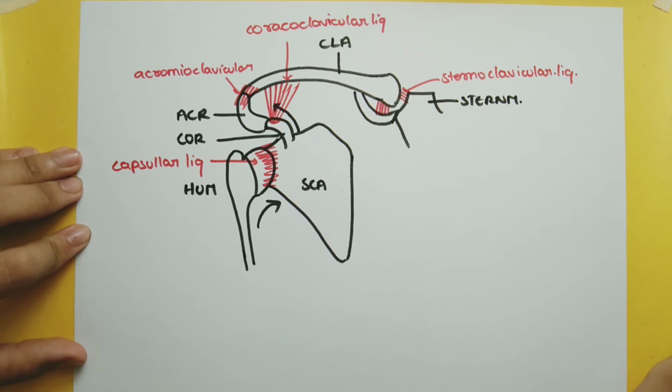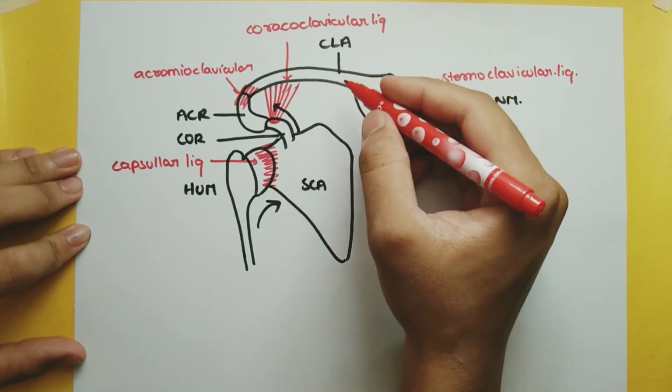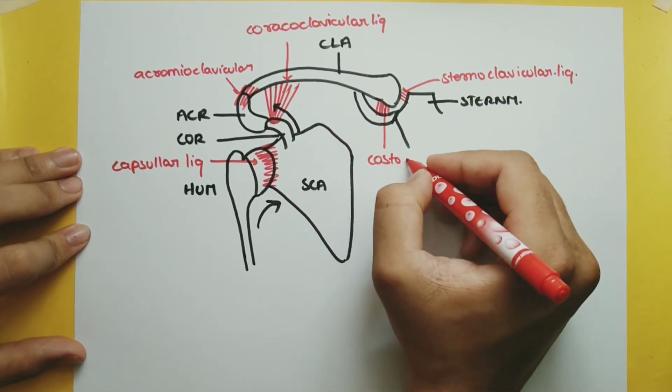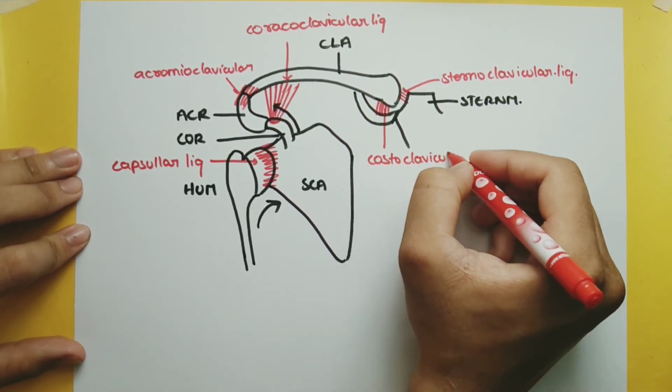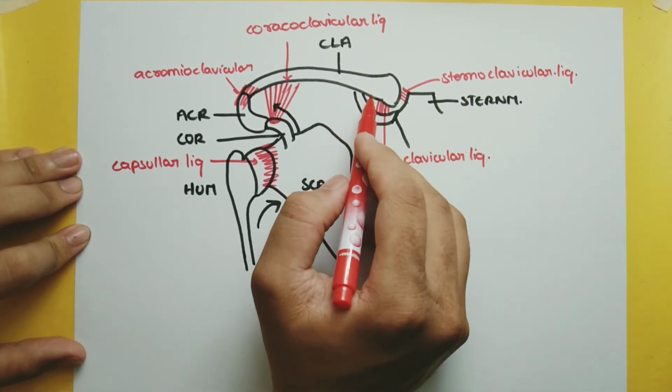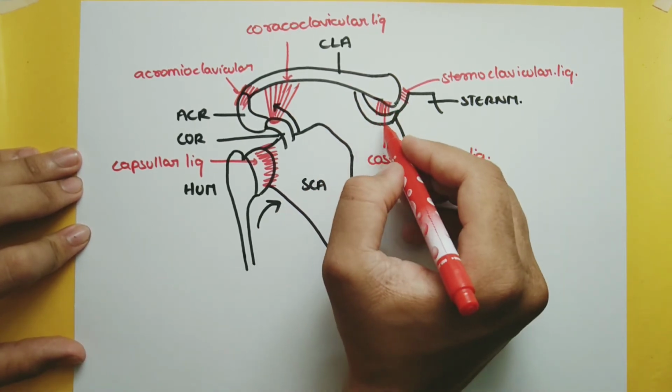Now there is another ligament which really helps in the weight transmission from the upper limb to the axial skeleton, the costoclavicular ligament, which is present between the clavicle and the first rib.